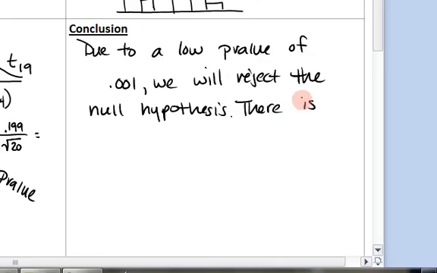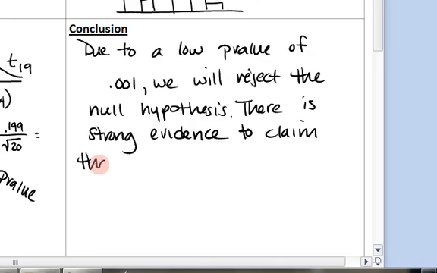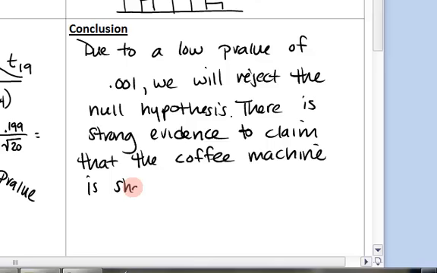There is strong evidence to claim that the coffee machine is shorting Miss Darling, and I assume everybody else, coffee.